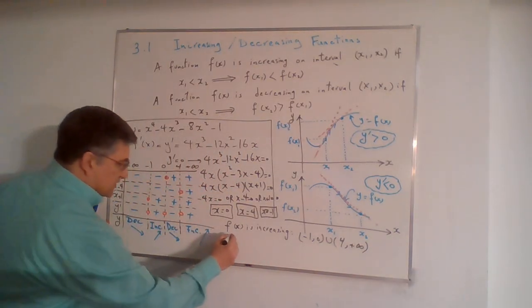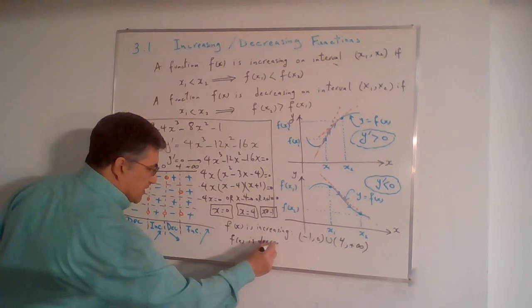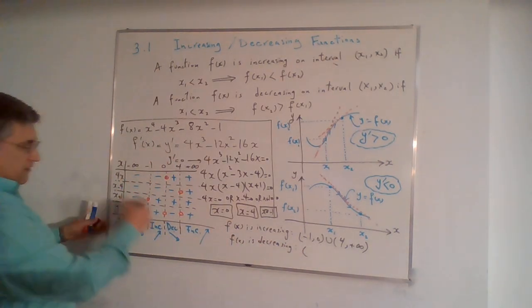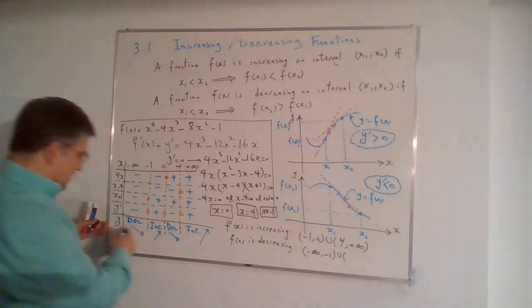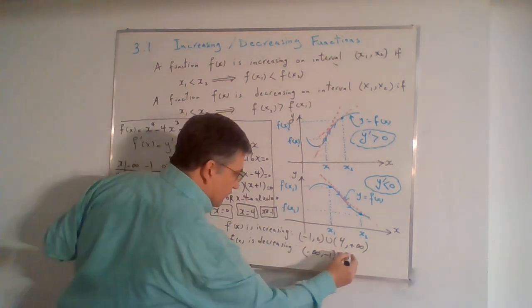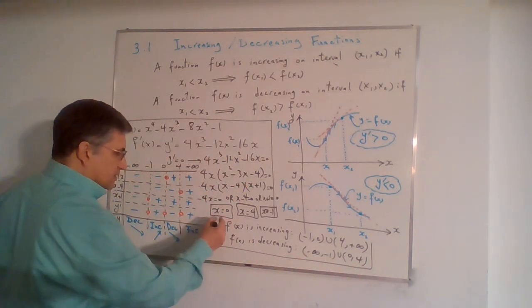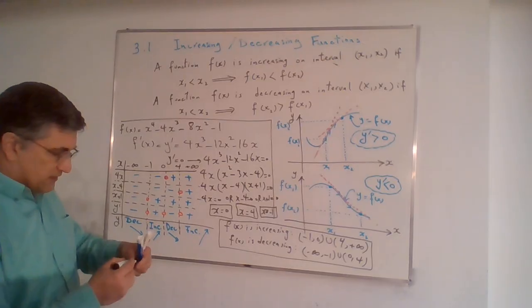And f of x is decreasing over the next intervals, which are from -infinity to -1, and then from 0 to 4. So these are the intervals of increase and decrease for the quartic function given to us.